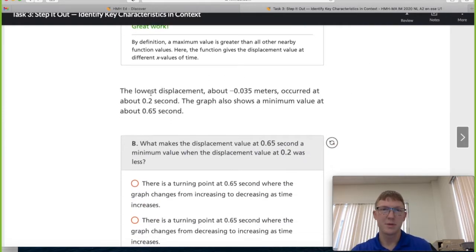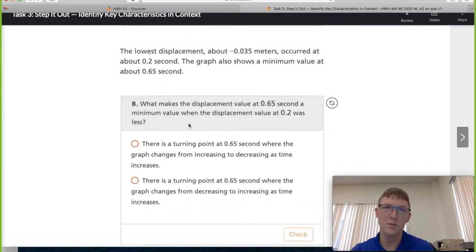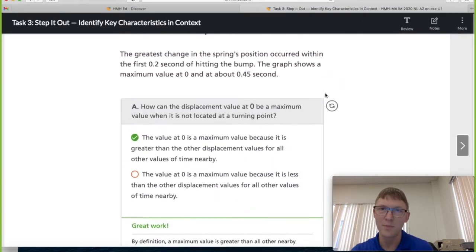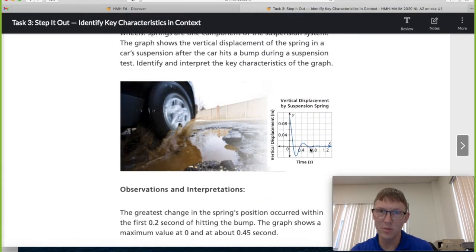The lowest displacement is about 0.035 meters, occurring at 0.2 seconds. The graph also shows a minimum value at 0.65 seconds. What makes the displacement at 0.65 seconds a minimum value when its displacement is less? So again, this is a local minimum here.